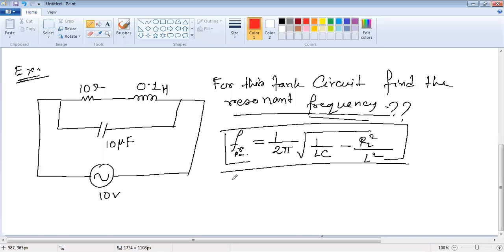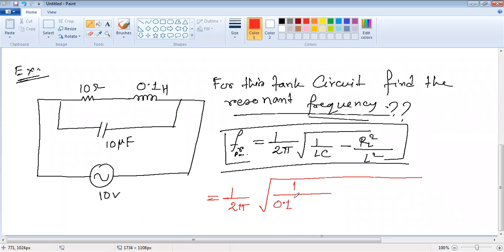Look, if you go for the solution and use this formula, then 1 by 2 pi, just put down this 1 by LC. What is L? L is 0.1 Henry. And C, what is C?